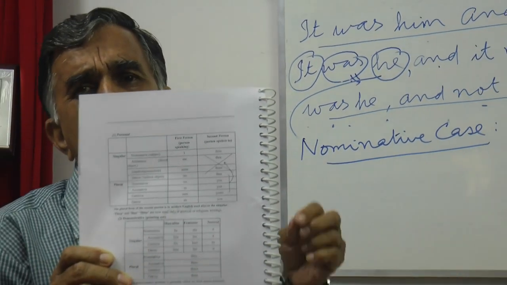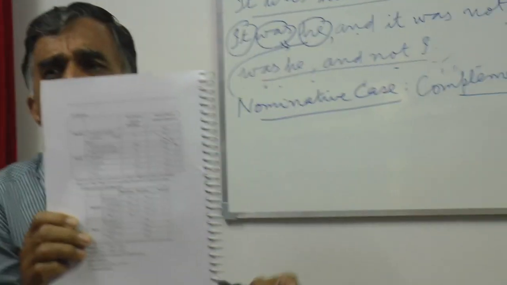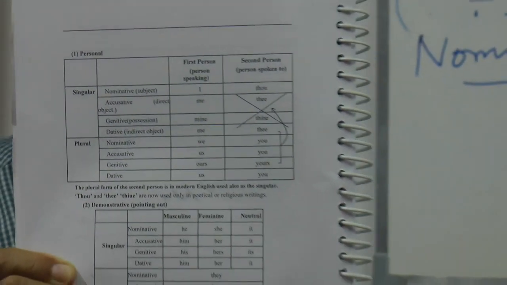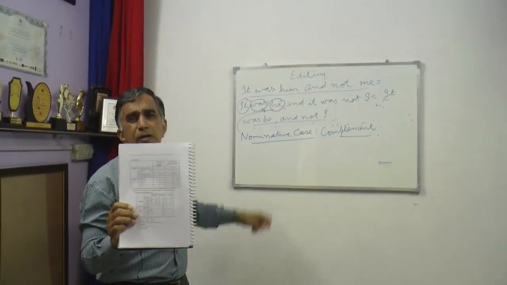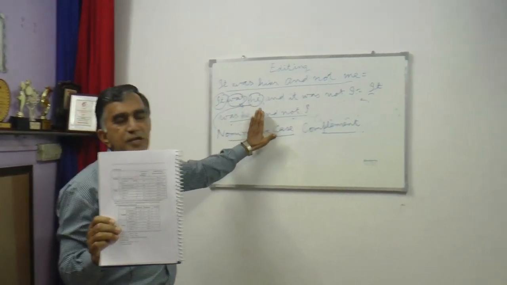For example, I, you, he, she, it. They are nominative cases of a pronoun. And we have a pronoun as complement. It has to be a nominative case. So, it was he.